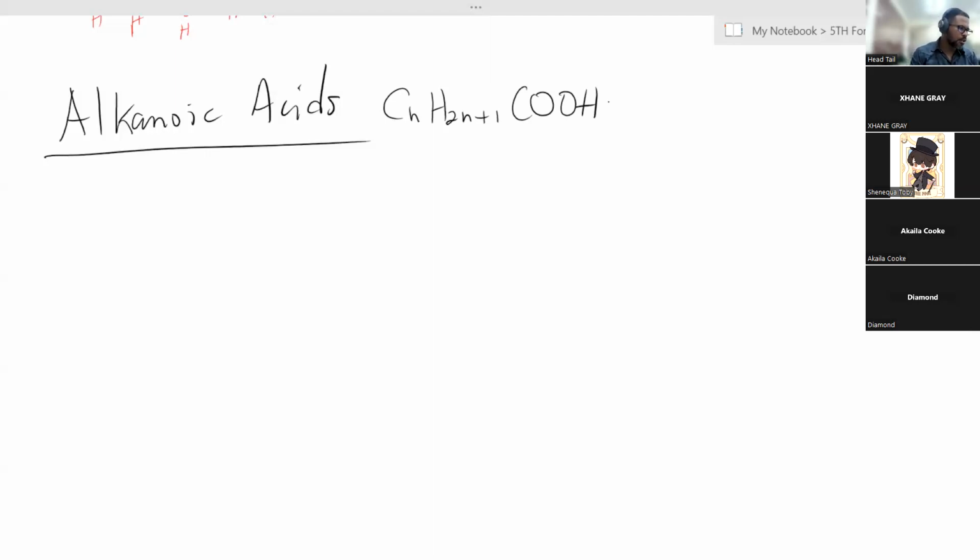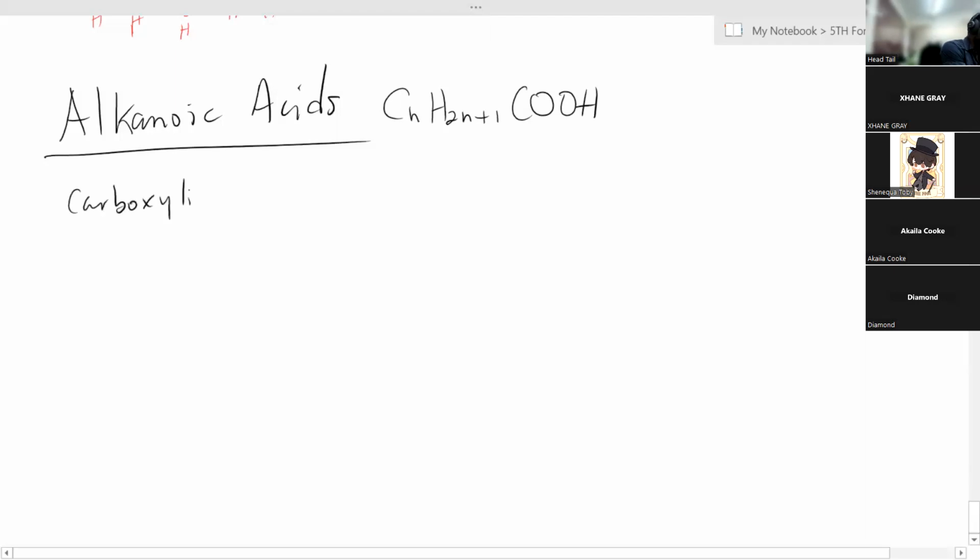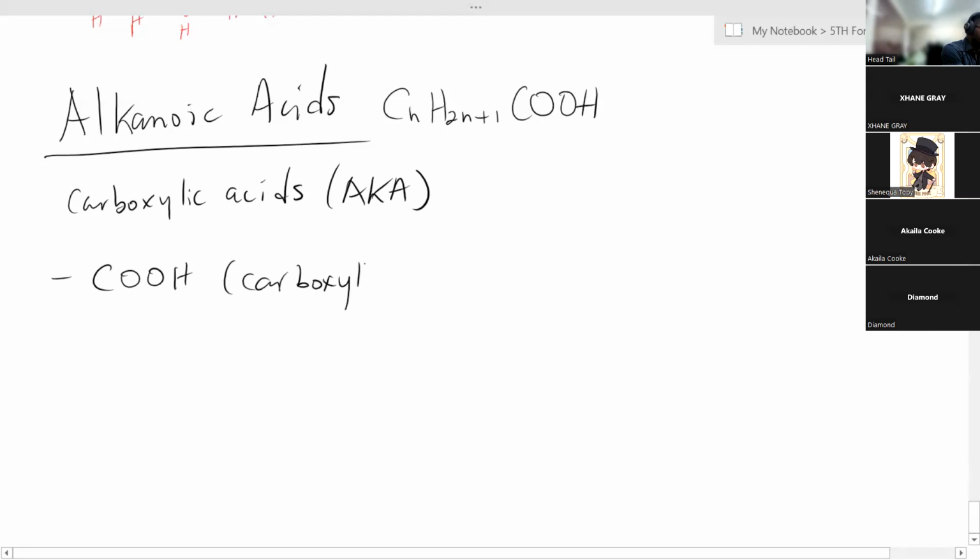Another word for alkanoic acids, we just call them carboxylic acids. That's another word, AKA, also known as. They are represented by a group called COOH, and that is called the carboxyl group.